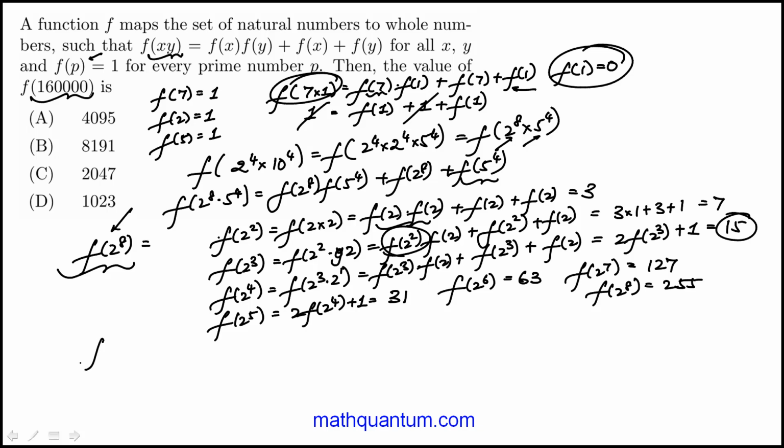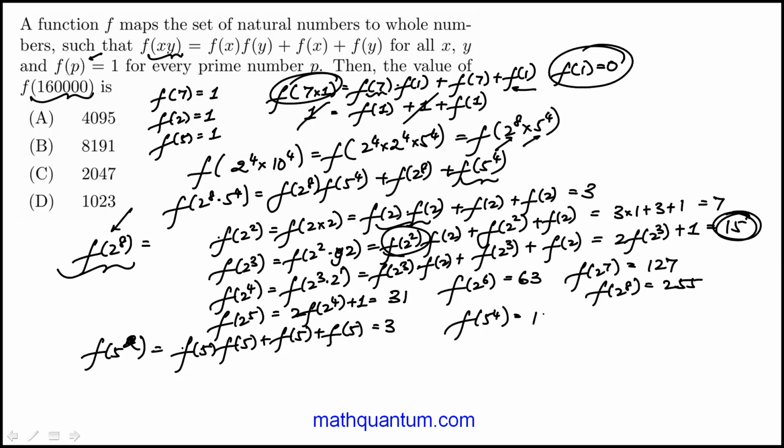And we can do the same thing for f of 5. So this would be f of 5 to the 4, because it will follow the same pattern, because f of 5 squared would be f of 5 plus f of 5 plus f of 5. And note this is 1, just as in f of 2. So that becomes 3. So f of 5 to the 4th would be the same as f of 2 to the 4th, which was 15.